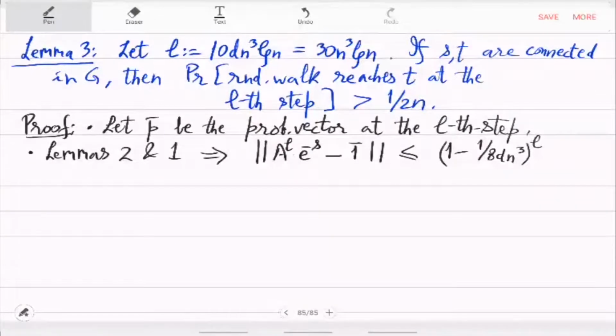So basically after these L applications of the matrix, you are very close to 1 bar. The error is only this much, which is less than or equal to e raised to minus 10 d n cubed log n over 8 d n cubed, which is less than e raised to minus 5 log n by 4.